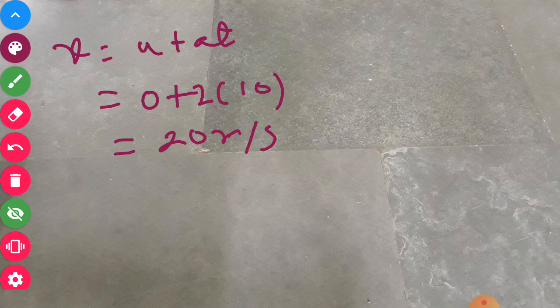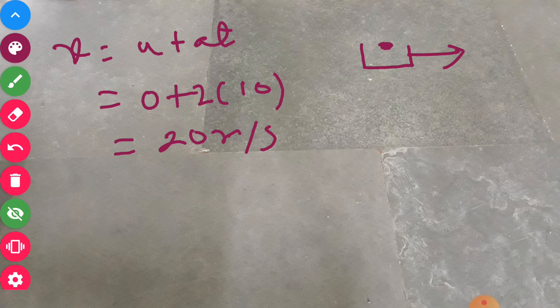Now for the horizontal motion, velocity is 20 meter per second. Say for example this is the truck and the stone is moving with the truck at 20 meter per second, and at that moment it is dropped, so it has its initial velocity of 20 meter per second.